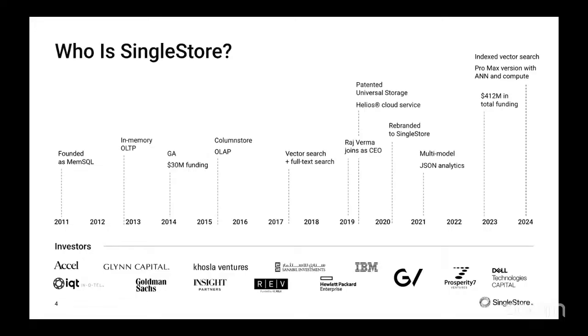So with this, not just transactions and analytics, but even full text search use cases as well as vector search, the key functionality required for powering RAG applications, is now possible. SingleStore is the unified destination for powering all your modern data needs.